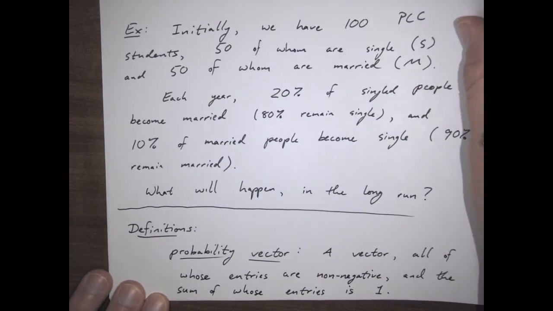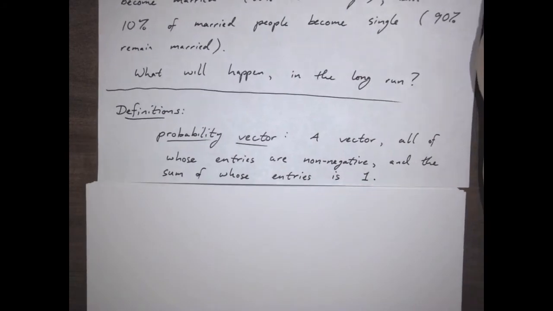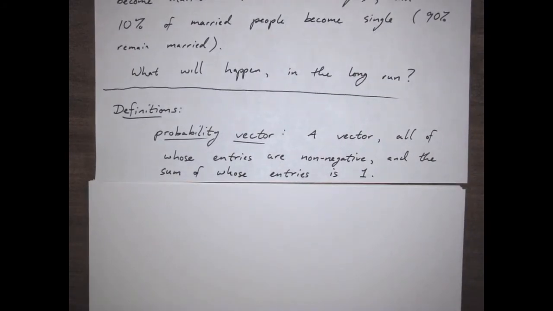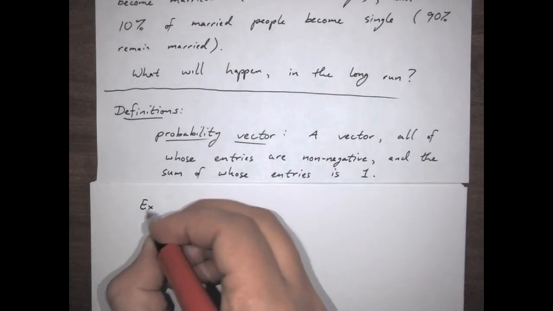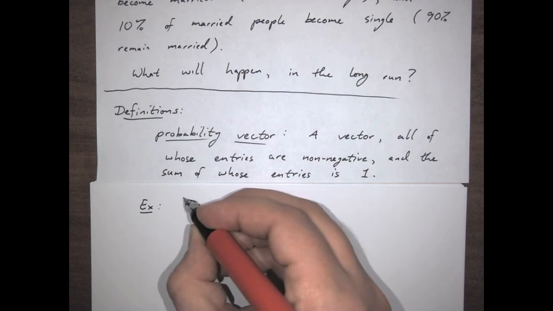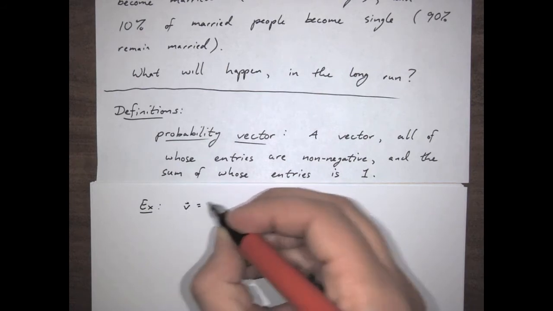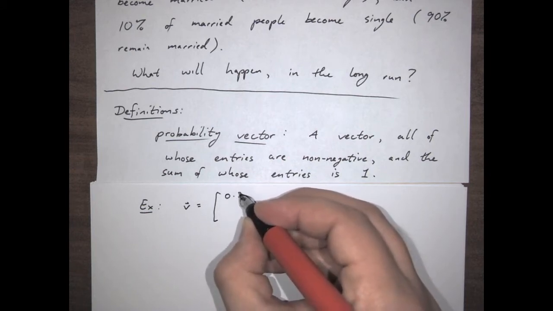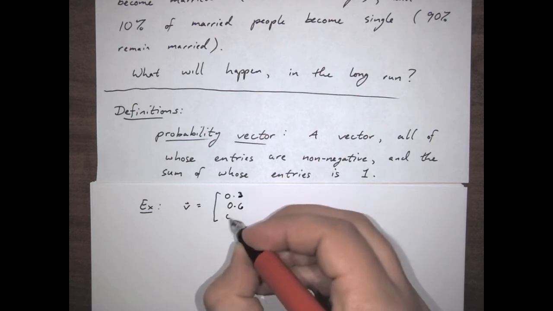So it's just like a probability distribution in that we do not allow any negative values, and the values have to altogether add up to 1, in other words, 100%. For example, a probability vector could be v equals 0.3, 0.6, 0.1.